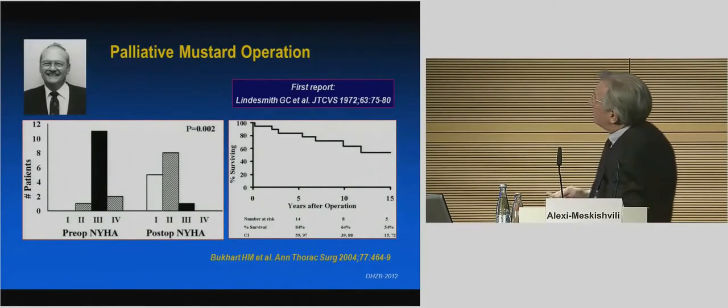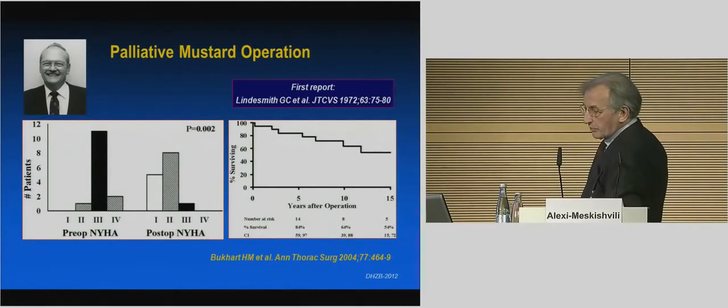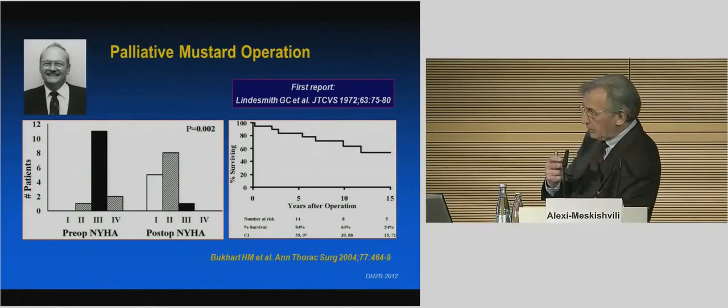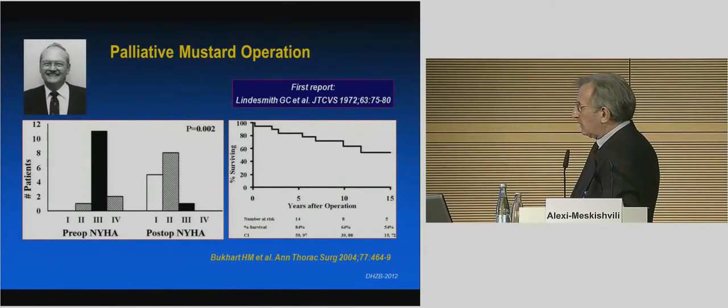I also have to mention here the palliative Mustard operation from Dr. Lindesmith, who worked in the Children's Hospital in Chicago. His idea was that in patients with high pulmonary hypertension, the so-called Eisenmenger complex in transposition, it's possible to do only the arterial switch operation without closing the VSD, and in this way improve arterial saturation.